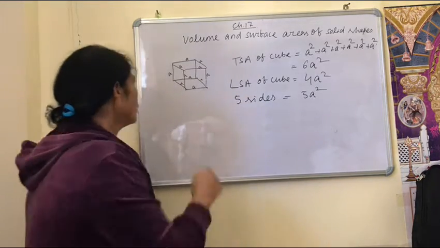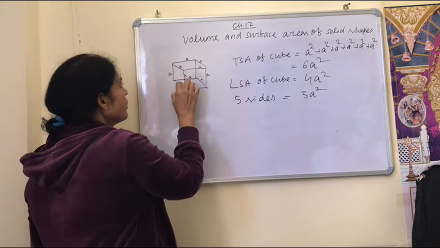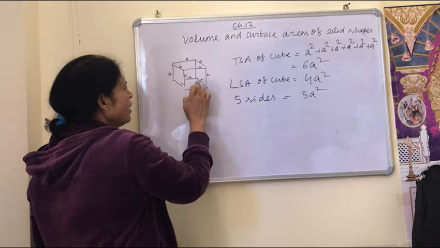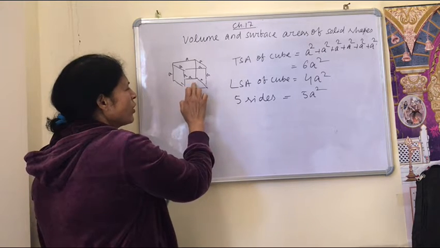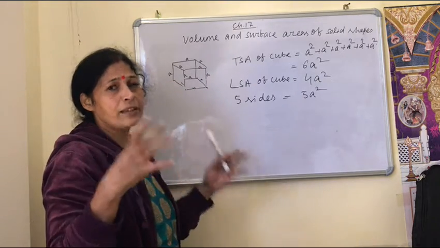Suppose this is a cubical tank. The area of the base and the height give the capacity of the tank.